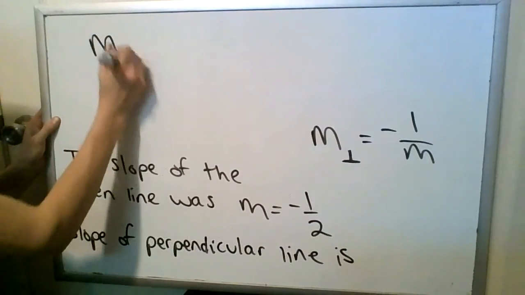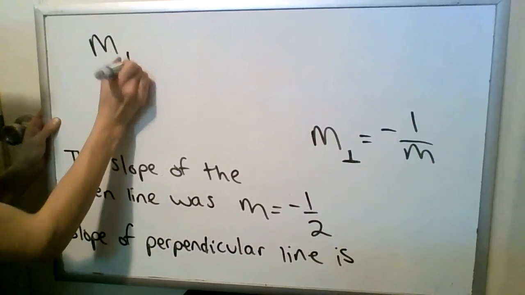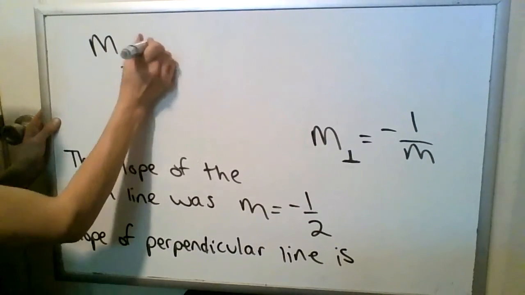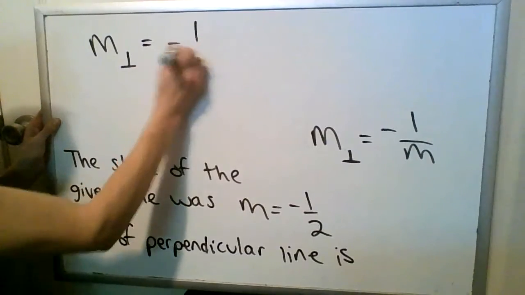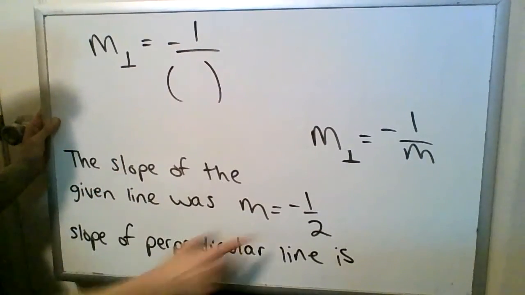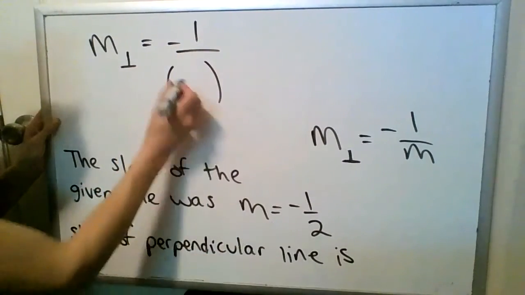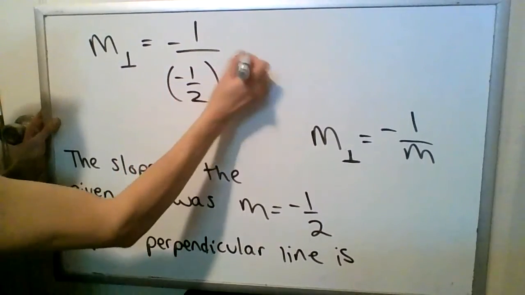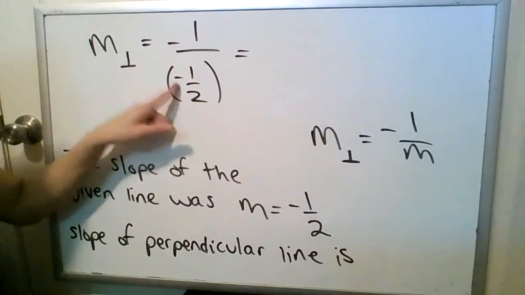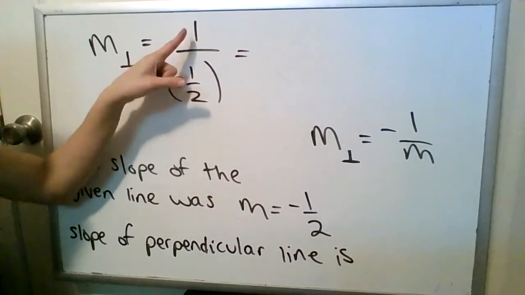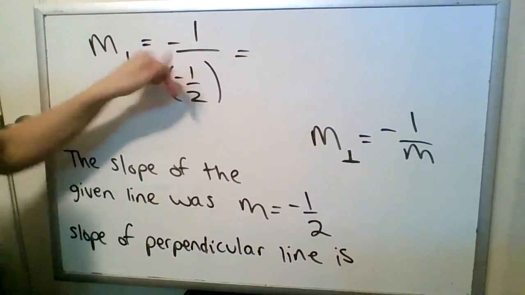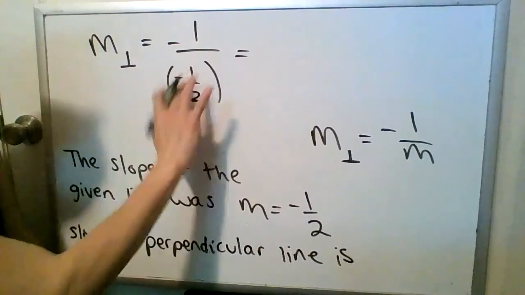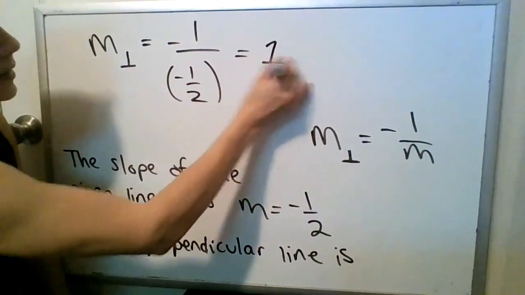So m, the slope of the perpendicular line, is negative 1 over negative 1/2. The negative and negative makes a positive, and 1 multiplied by the reciprocal of the denominator.